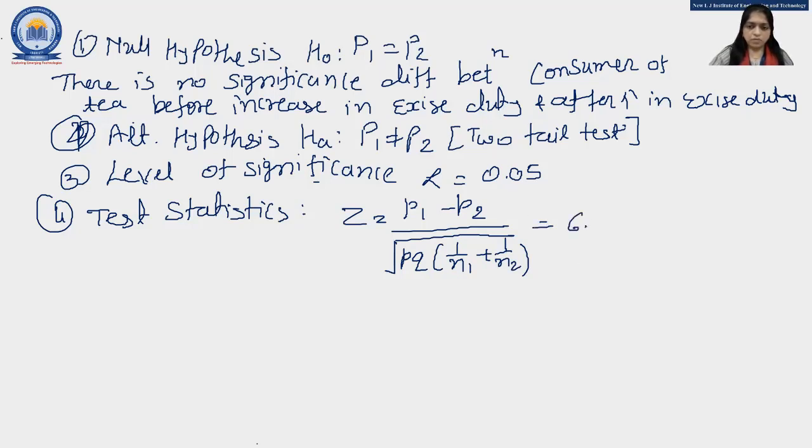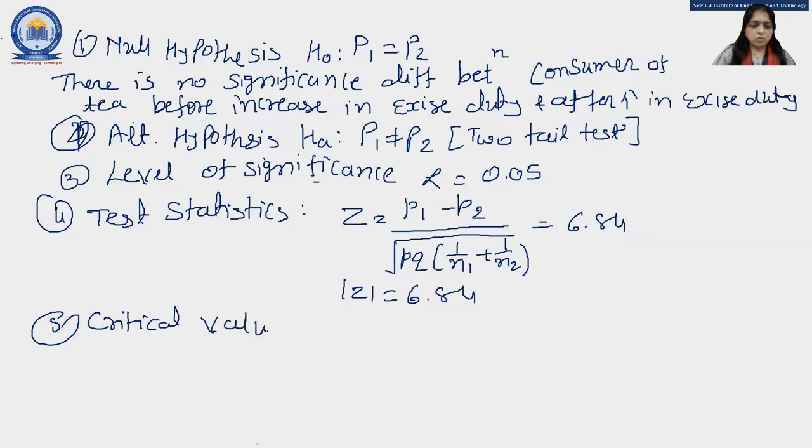If we simplify after substituting all the values in this formula, we get the value of Z, that is 6.84. So mod Z is 6.84. Now the fifth rule, that is critical value. Critical value is Z alpha, so Z at 0.05, and that is 1.645.